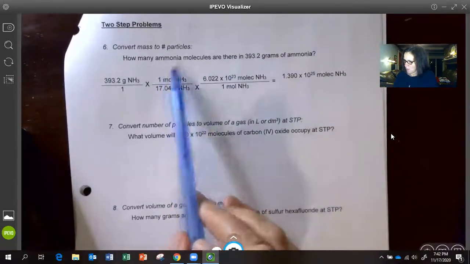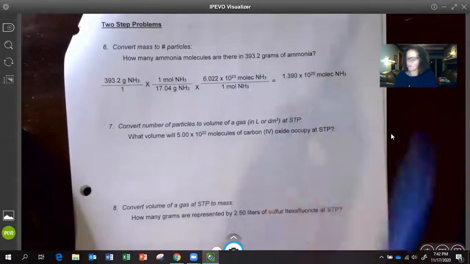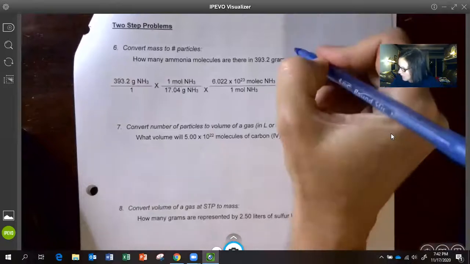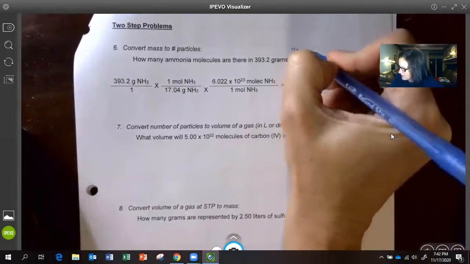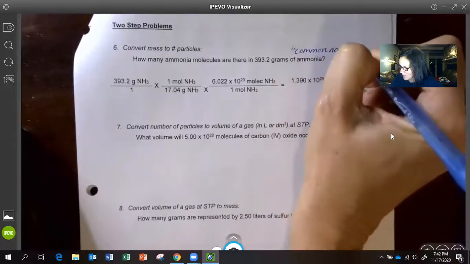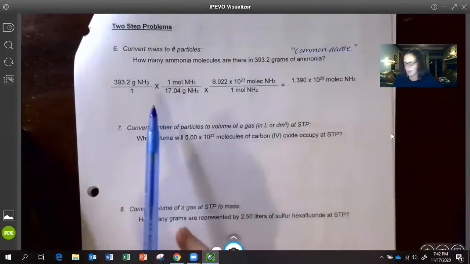How many ammonia molecules are there in 393.2 grams of ammonia? Okay, so the formula for ammonia is a common name. It does not follow either of our naming systems. Okay, so ammonia is kind of one chemical which you're required to memorize its formula. So I give it to you here because this is a sample problem.